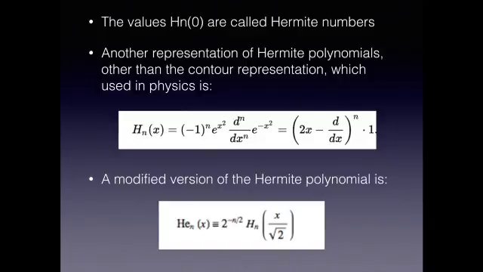There is also an equivalent representation of Hermite polynomials, which is more generally used in probability. These are the two equivalent representations of Hermite polynomials. Other than these representations, there is also a modified version of the Hermite polynomial, which is Hen of x equal to 2 power minus n by 2 Hn of x by root 2.